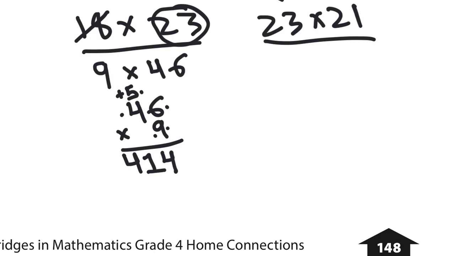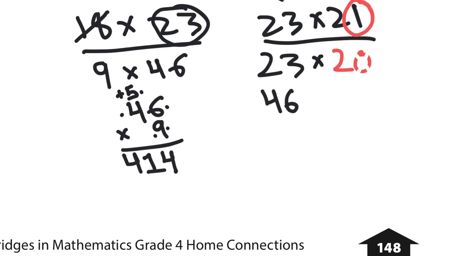And then on the other side, when we're looking at 23 times 21, I'm going to take 23 times 20. So I'm going to get rid of this single 23. The reason I'm going to do that is because, if you remember, I can forget about that 0 for a second and just take 23 times 2. 23 times 2 is 46.